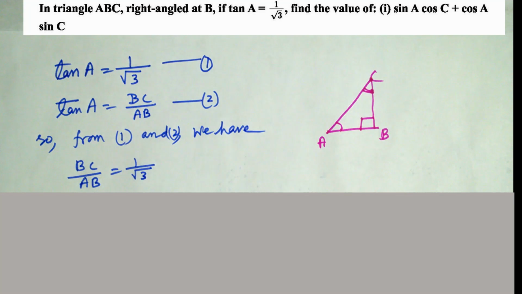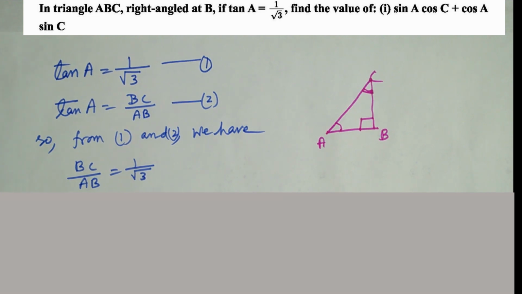Here we have got the ratio of BC and AB equal to 1 is to root 3. So we may write, for the exact values, let BC be equal to K into this value 1, and AB be equal to root 3K.